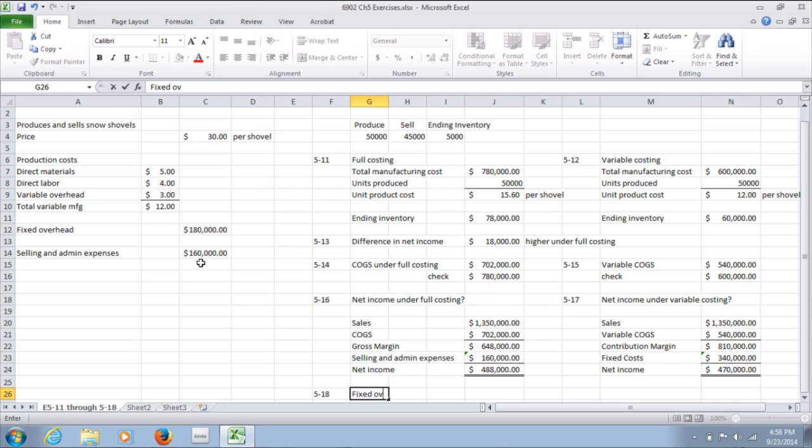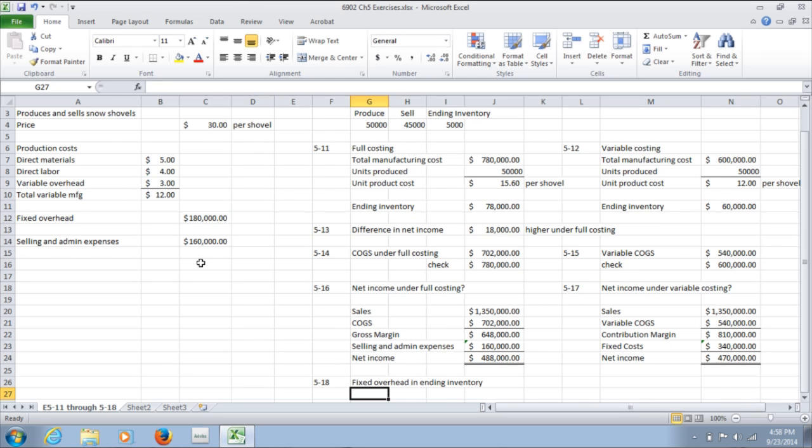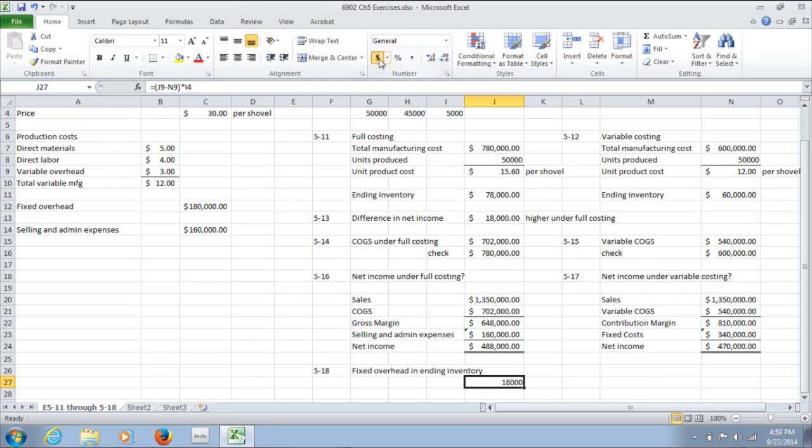Now, the way to think about this is that, similar to what we see in the difference in net income, the difference between the $15.60 and the $12, in other words, $3.60 per shovel, is our fixed overhead per shovel based on a production of 50,000. We multiply that by the 5,000 units in ending inventory, and we get our $18,000.